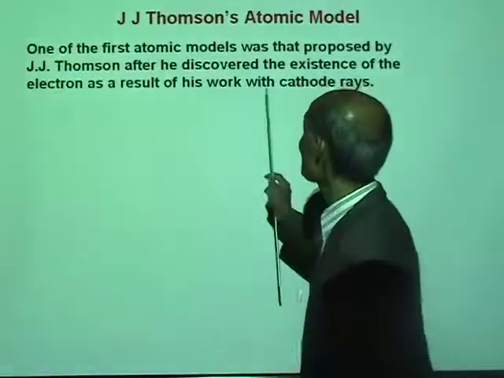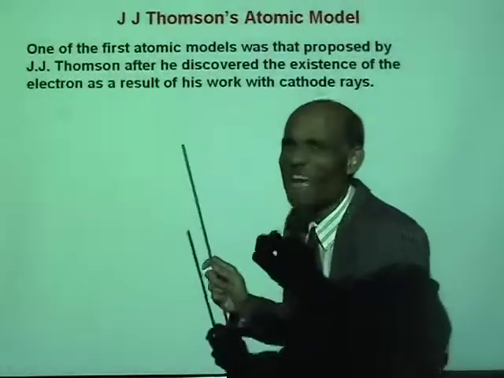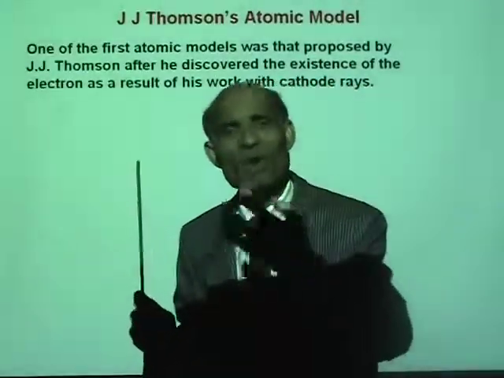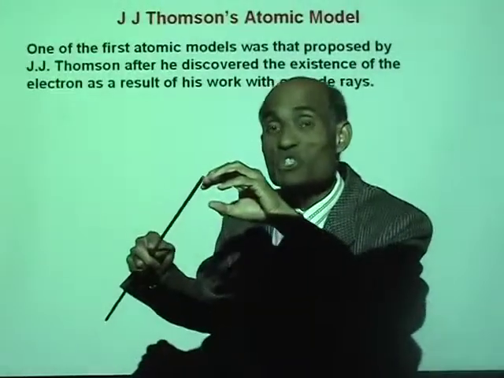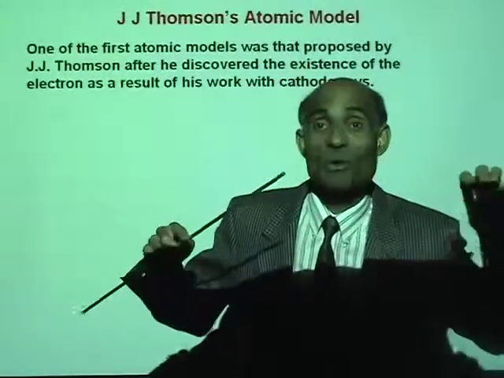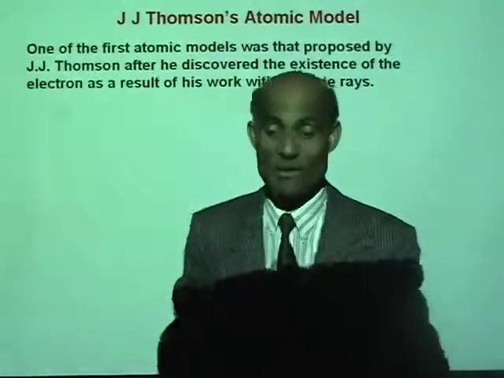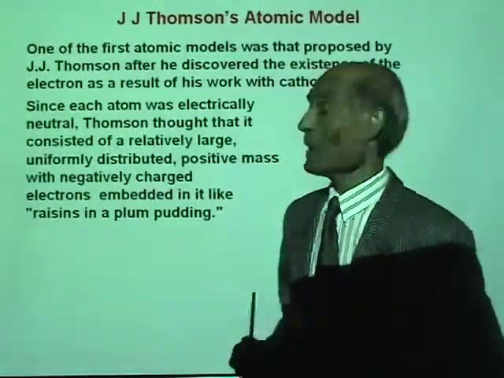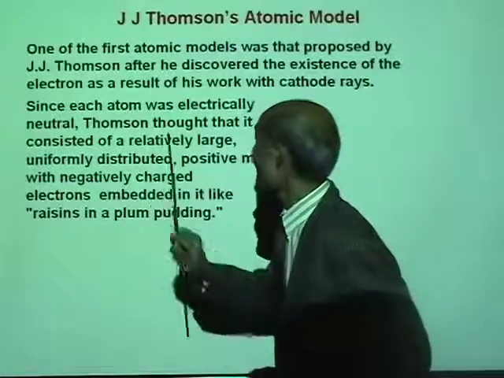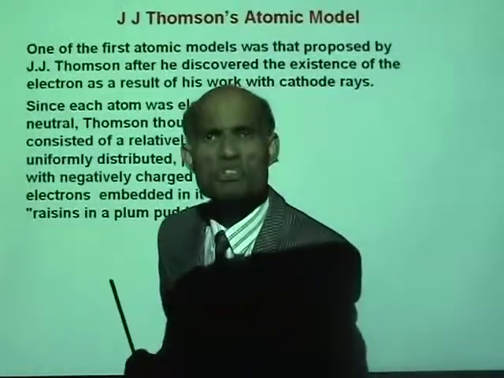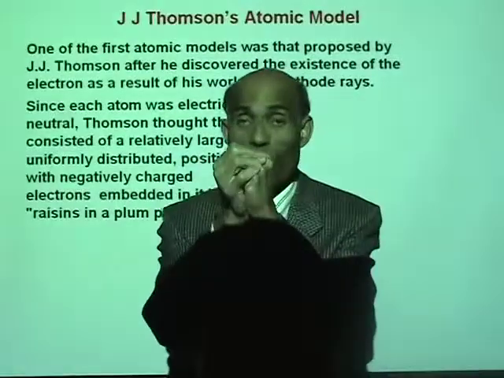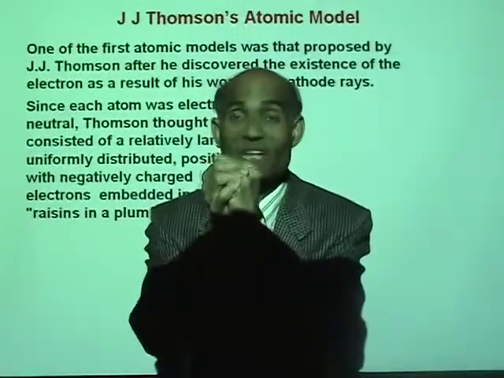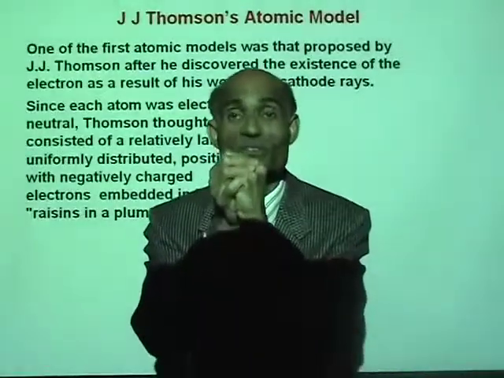In fact, those mysterious rays were called cathode rays. You know why they were called cathode rays? Because these were radiations coming from the cathode going towards the anode. Well, since each atom was electrically neutral, an atom as a whole does not carry an electric charge.